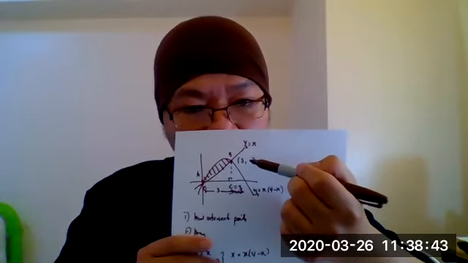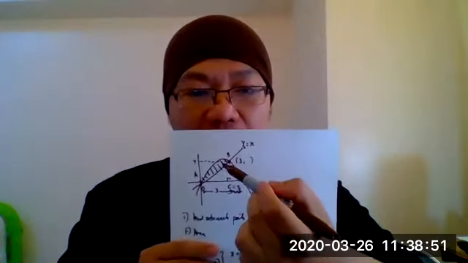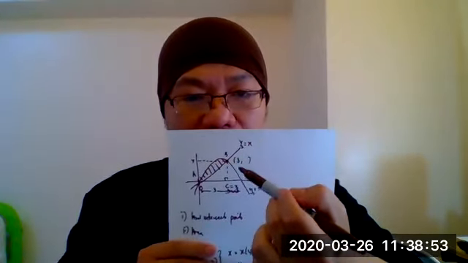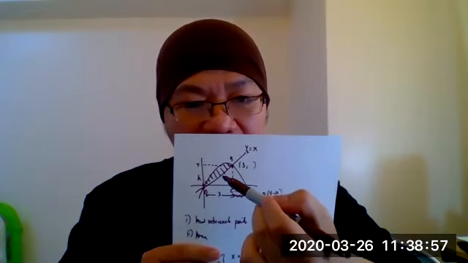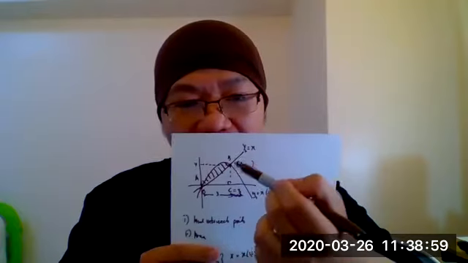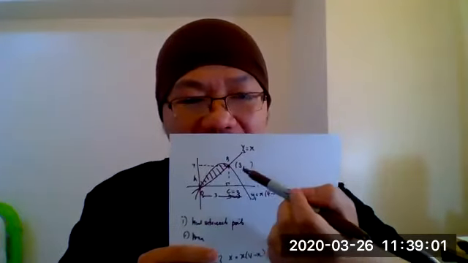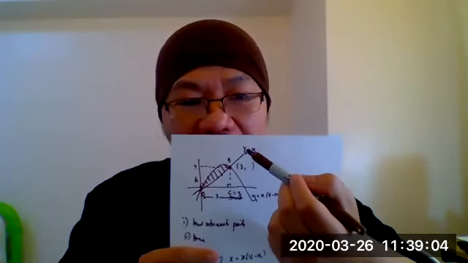How to find the coordinate of y here? Very easy. Take this 3, substitute into either the curve or the straight line. So I will use the straight line because y equals x. Very straightforward. So when x equals 3, how much is the value of y? Also 3.